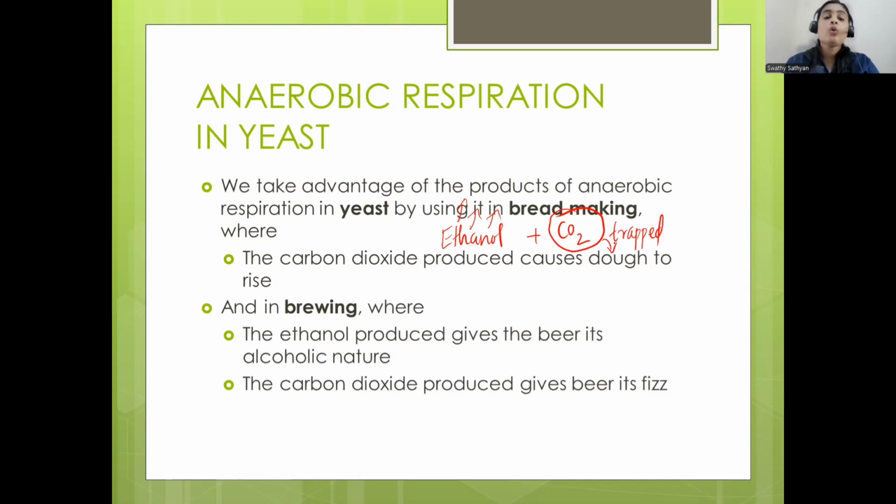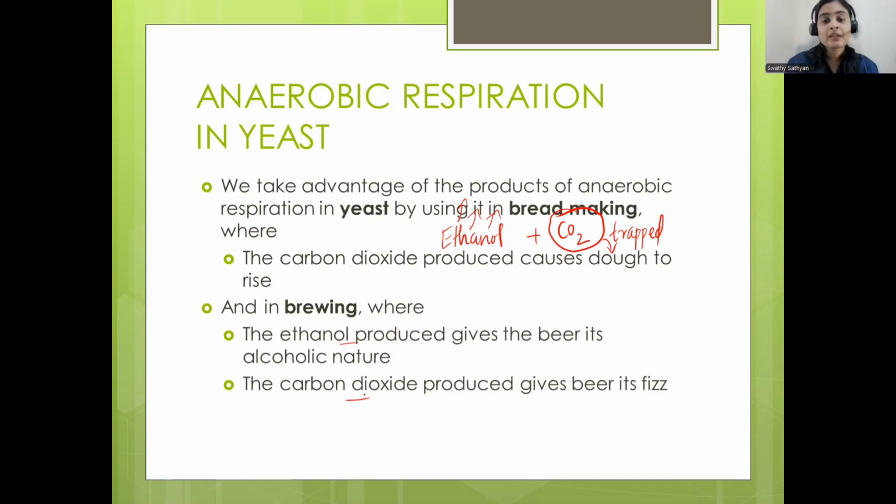Okay, now next, the brewing industry. In the brewing industry, ethanol, that is alcohol, will be produced. In the case of wine as well as beer, alcohol will be produced, and the carbon dioxide: when we open the wine or the beer bottle, not in the case of wine but in the case of beer, when we open it, a fizz is produced, right?